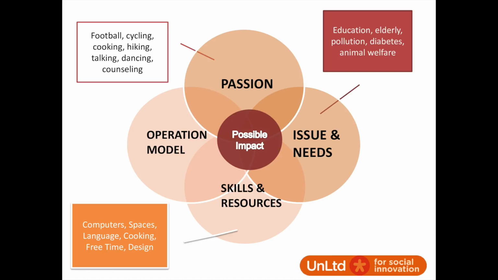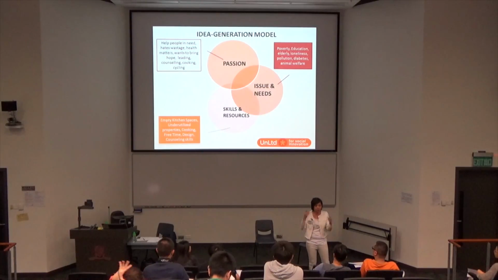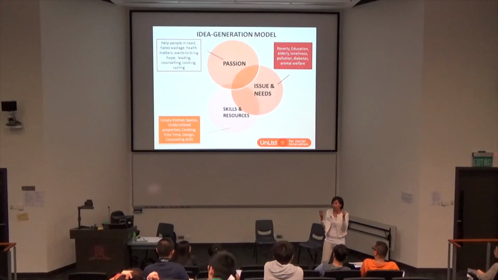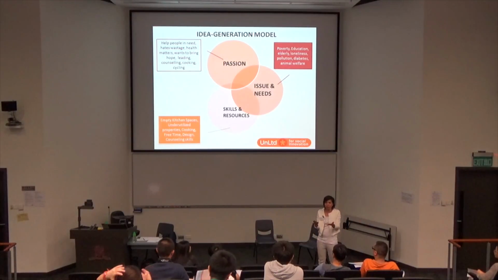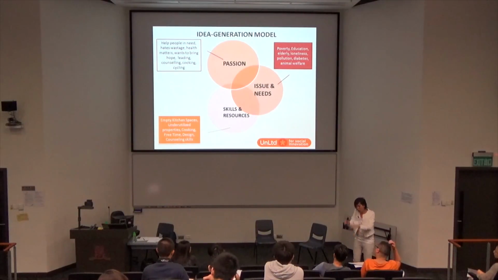Kelvin looked around and noticed there are spare kitchen spaces that could be used, and that generated ideas. And Ricky talked to friends and noticed, hey, I've got friends who have underutilized properties. So that generated ideas. Realistically speaking, it's not about academically or theoretically thinking of a master grand plan, but almost more like you're on the ground, you go to the streets, you meet your friends, you talk to them, and you really look at what you have and what you don't, okay?